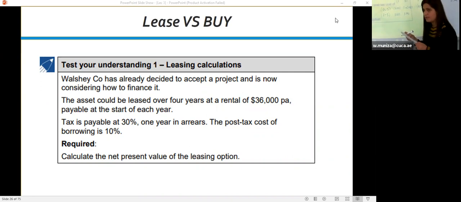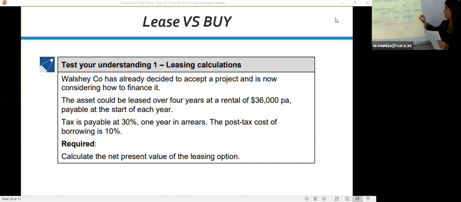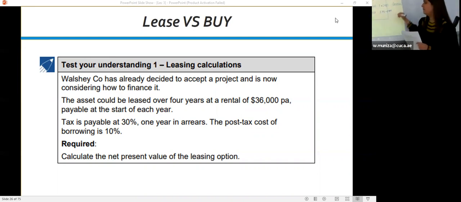If you take 1.736, then the remaining are 3 only. So deduct only the first one, 0.909. Calculate it: 2.882. Then multiply it with 10,800. That gives 31,126. Let me check. Yes, because we have used annuities. But in annuities, you need to be careful about this incorporation, which I have discussed with you.